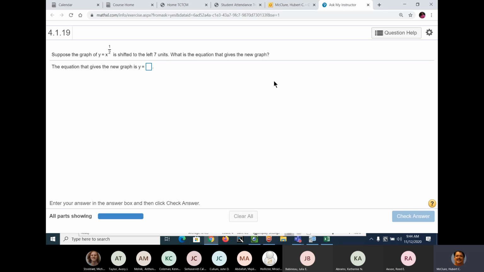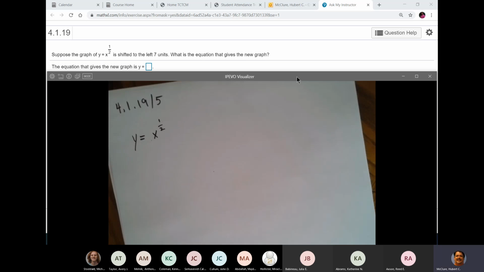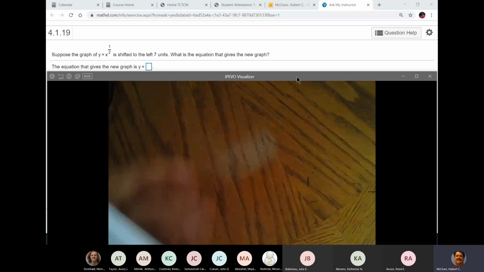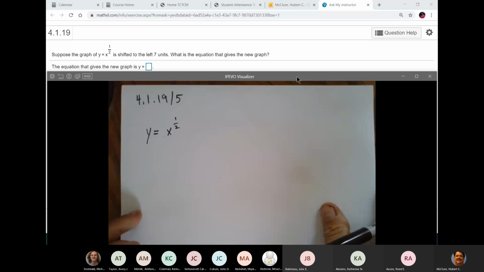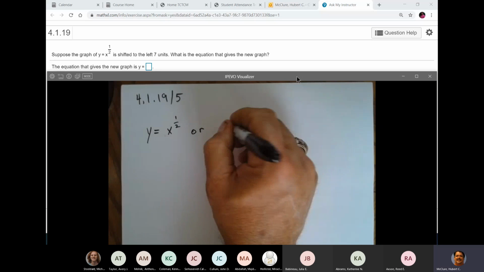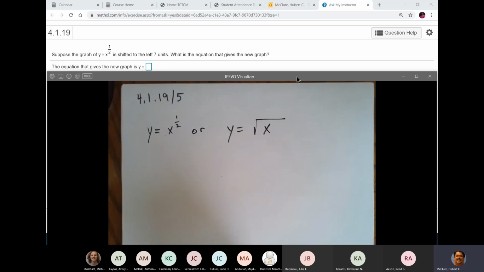Okay, shifted to the left. Well, we know this is the square root. You can write this as y is equal to the square root of x.